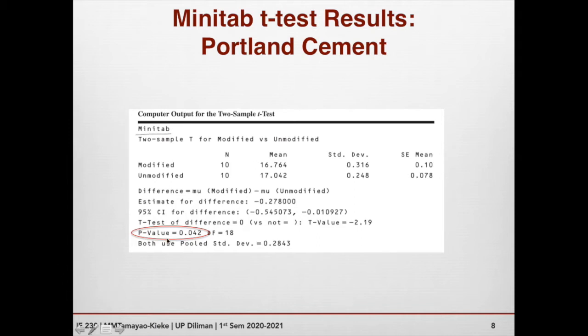So this is a sample output from a computer run using Minitab for our Portland cement experiment. And as you can see encircled here is the p-value for this test, where the value is equal to 0.042. What do you think does this mean?